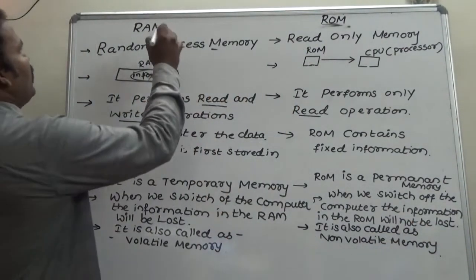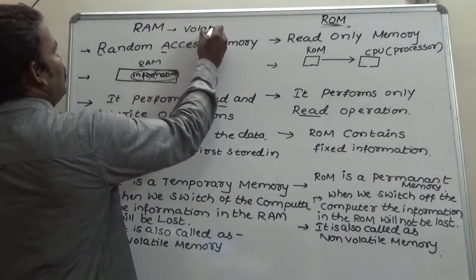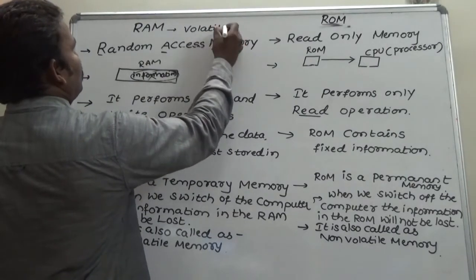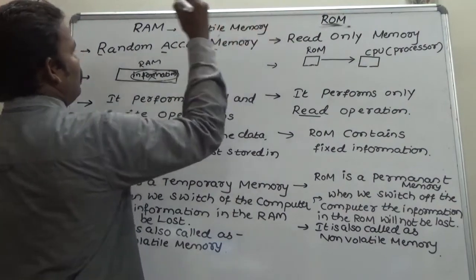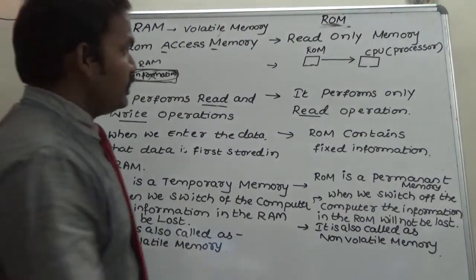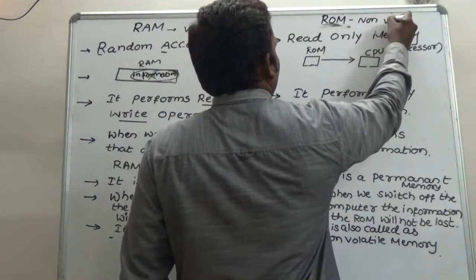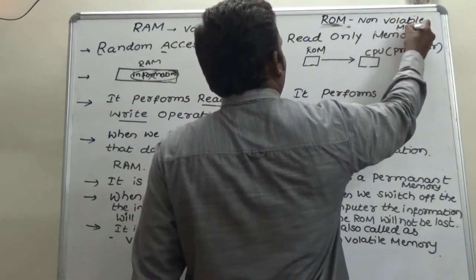So RAM is also called volatile memory. ROM is also called non-volatile memory.